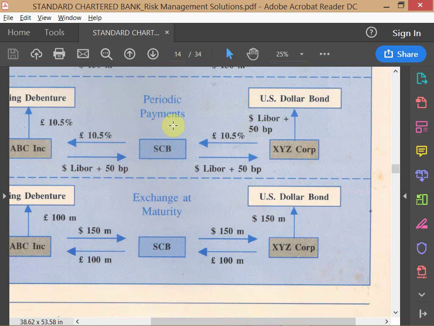Sir, for example, this is dollar, and they are giving payment in euro. Not euro, sterling. Sterling is not the same as euro.